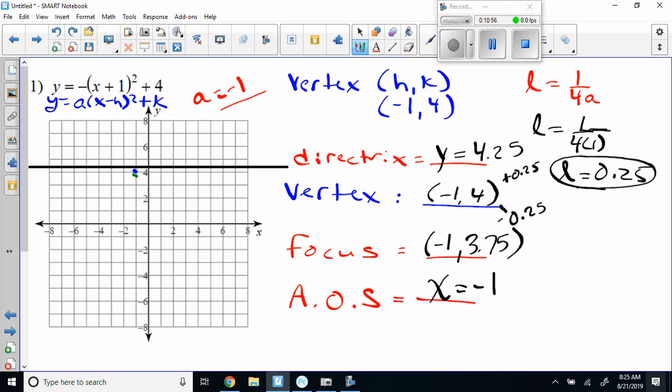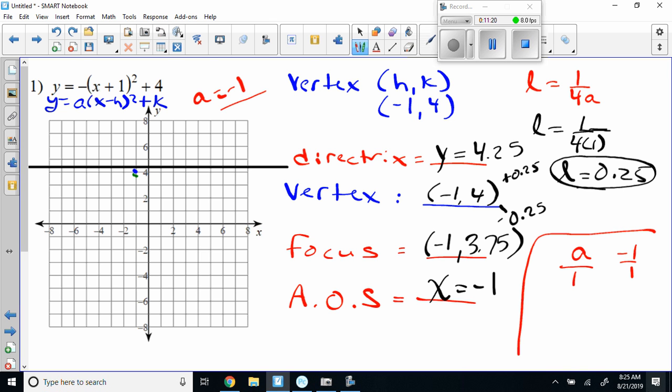The first point, the first rate of change, I should say, is always A over 1. So what is my A? Negative 1, right? So it's going down. See how that's the negative change?